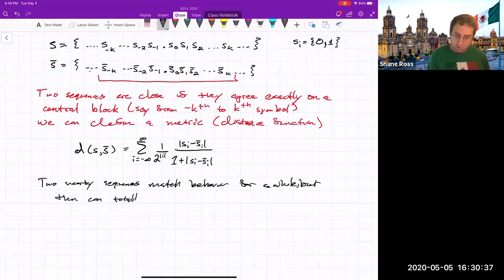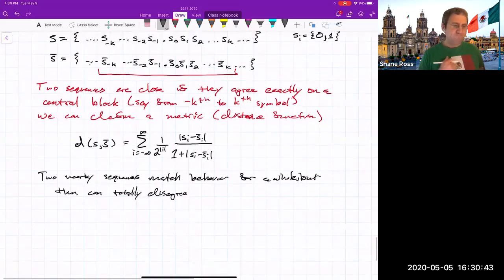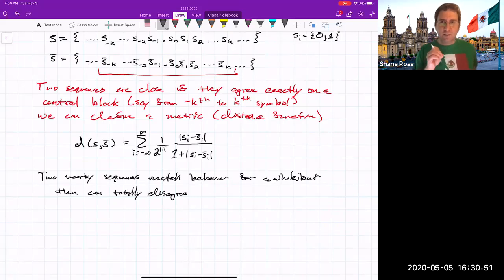Then they can totally disagree. And maybe the more startling thing that I should say is that any sequence that you can think of, any combination of zeros and ones, there is a point, there's an initial condition that corresponds to that.